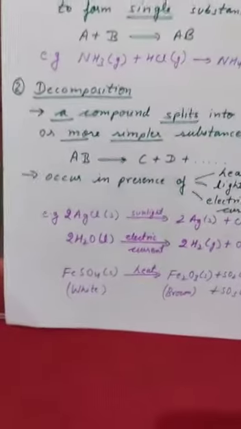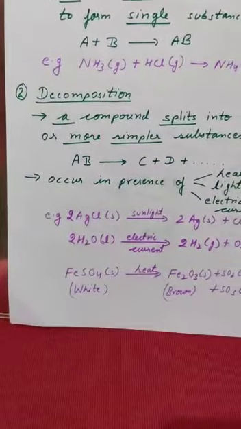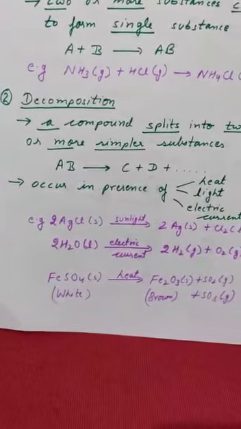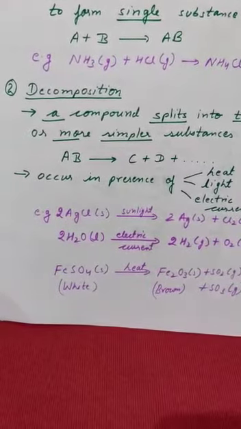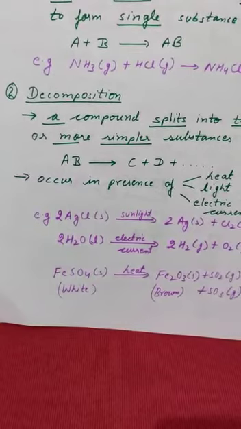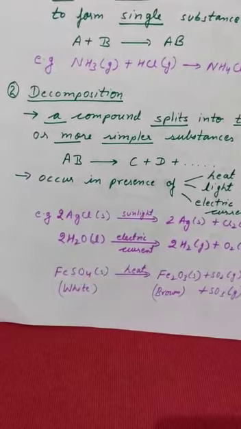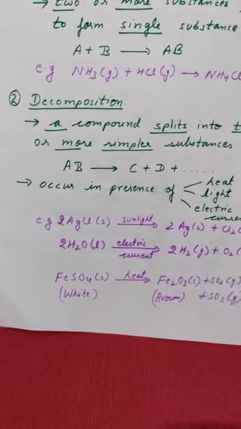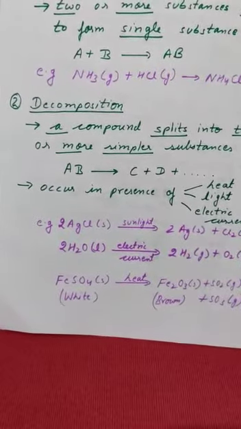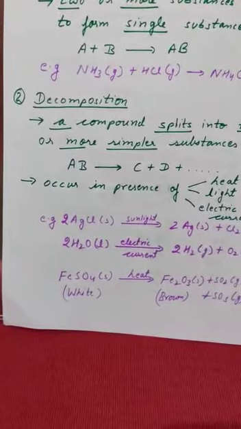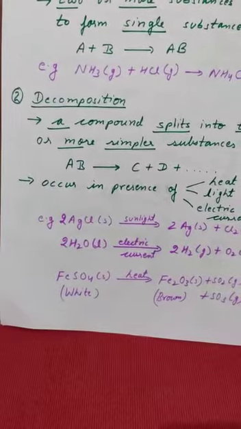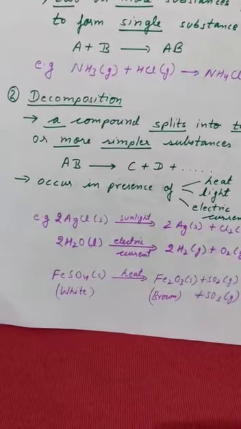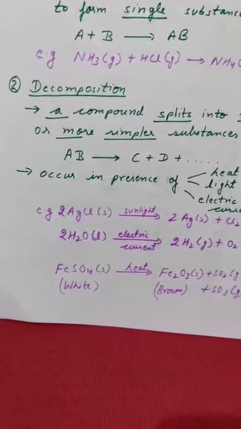Then the second reaction is decomposition reaction. In this reaction, a compound splits into two or more simpler substances. So you can observe that it is the reverse of direct combination. In direct combination, a single substance is being formed, whereas in decomposition, a single substance splits to form two or more simpler substances.